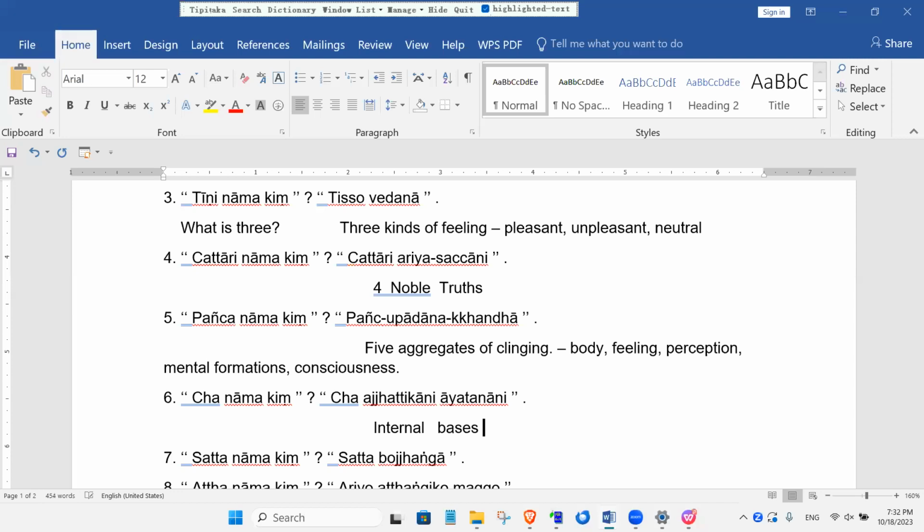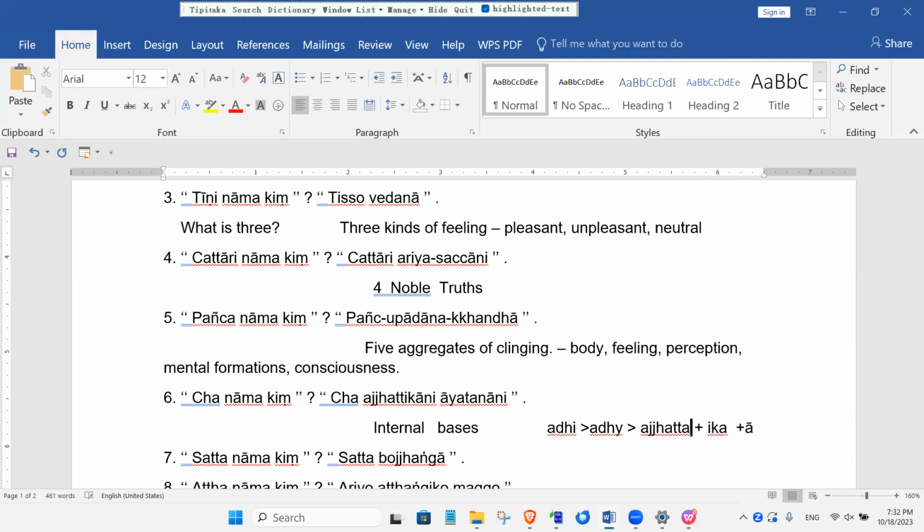Ajjhattika. This ajjhattika is from the word adhi. Adhi becomes ajjh. Ajjhatta from the ika. Ajjhattika, then plus the ani.